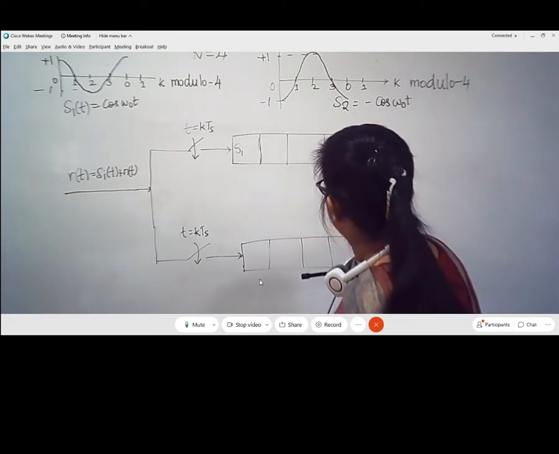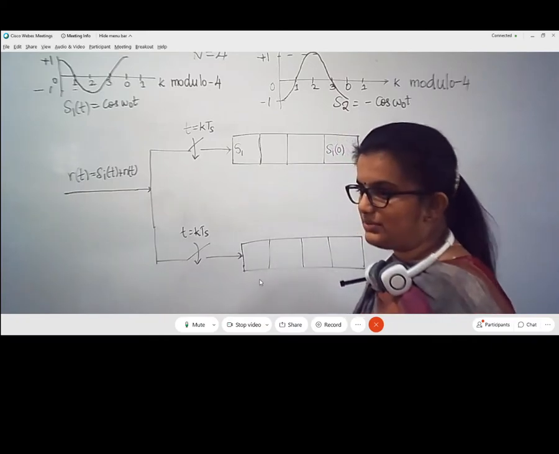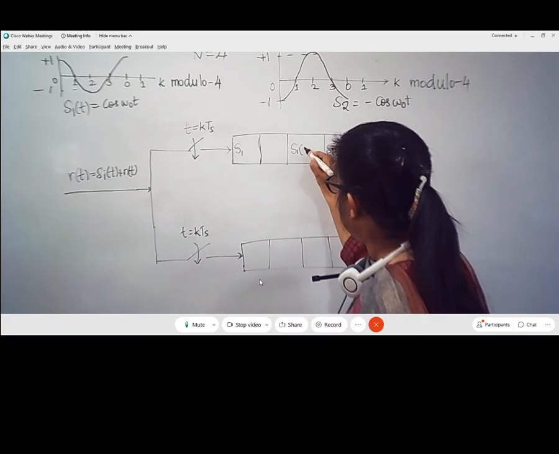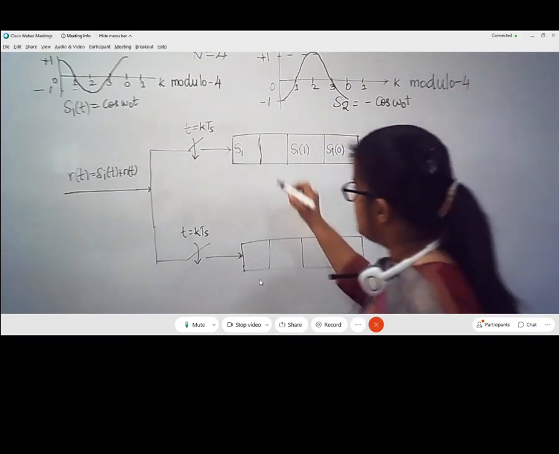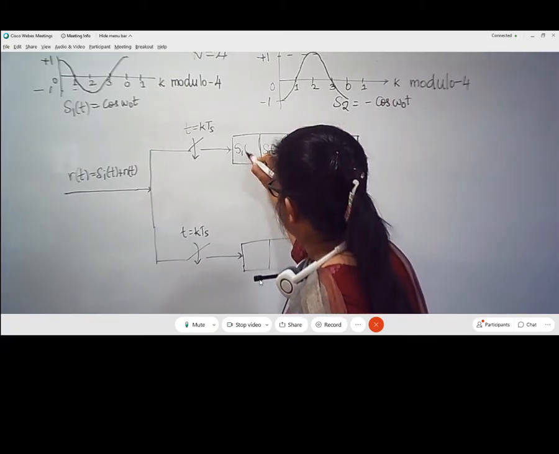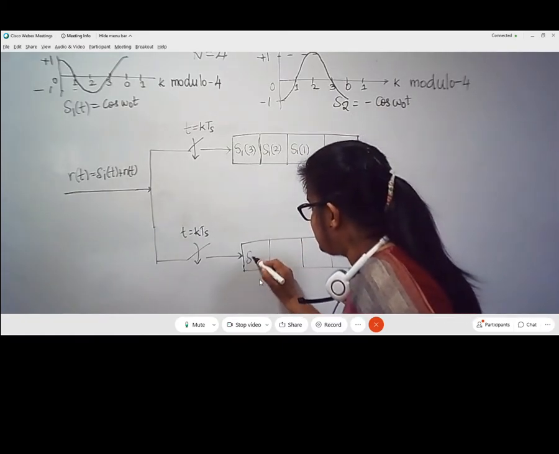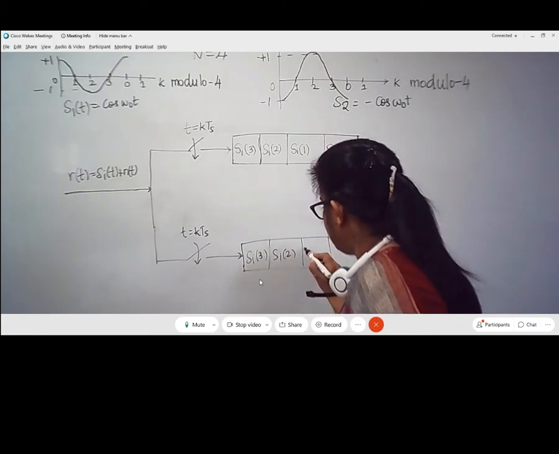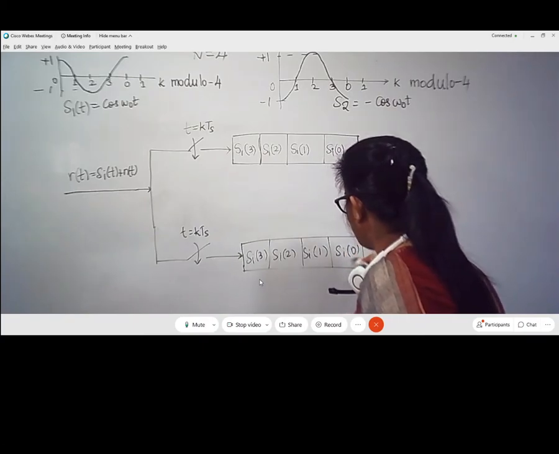So this is the sample obtained at the 0th time instance, Si of 0. This one would be Si of 1, obtained at the next time instance. This one would be Si of 2. This one would be Si of 3. Similarly, Si of 3, Si of 2, Si of 1, Si of 0.